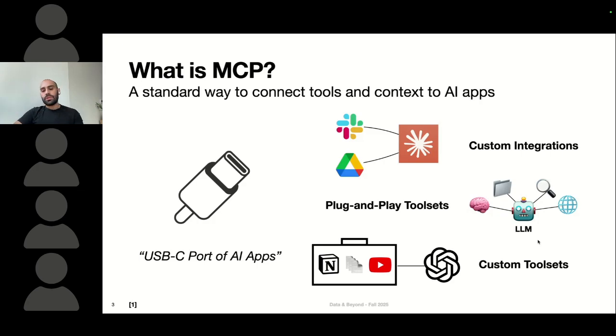And then going one step further, you can also build custom tool sets, custom MCP servers, as we'll talk about in a little bit, to create custom AI agents and applications. So there are countless different ways people are using MCP, but here's just a flavor of what that might look like.